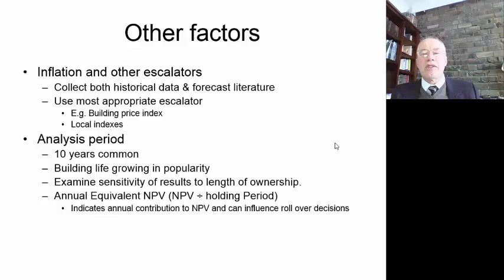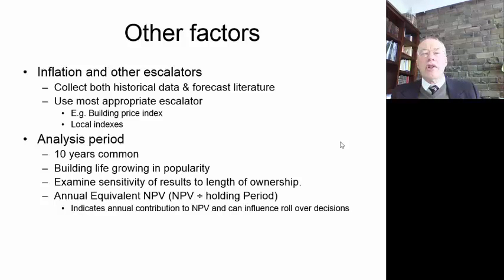A lot of your expenses will follow that. However, the others include not just the inflation rate, but also things like the building price index and local indexes. So the building price index and in fact the CPI all vary differently depending on where you are. So if you're in regional Australia, a particular location, a particular state, that might be different to a different state in, say, a capital city or something.